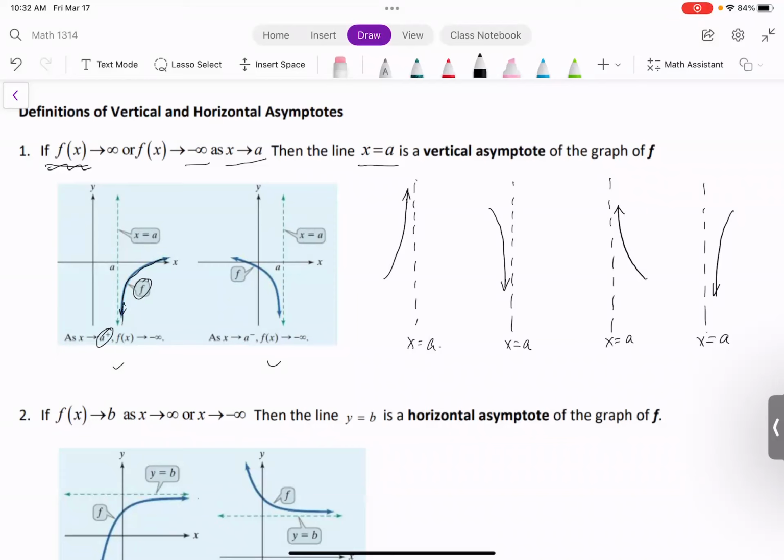So you see the graph is approaching it from the right side of a. And in the second example, f of x approaches this vertical line from the left. So f of x approaches negative infinity and x approaches a minus. A minus means approaching from the left.